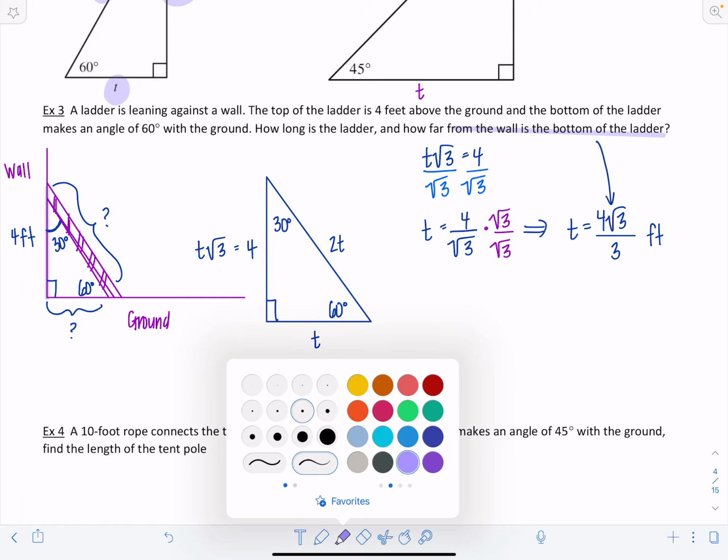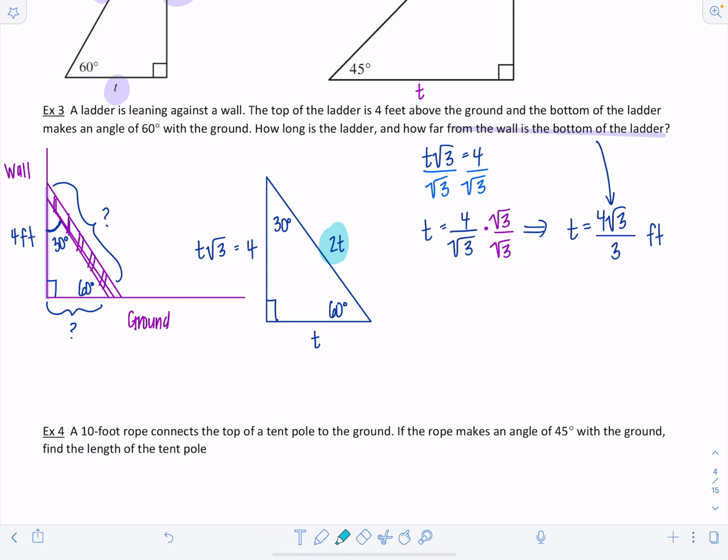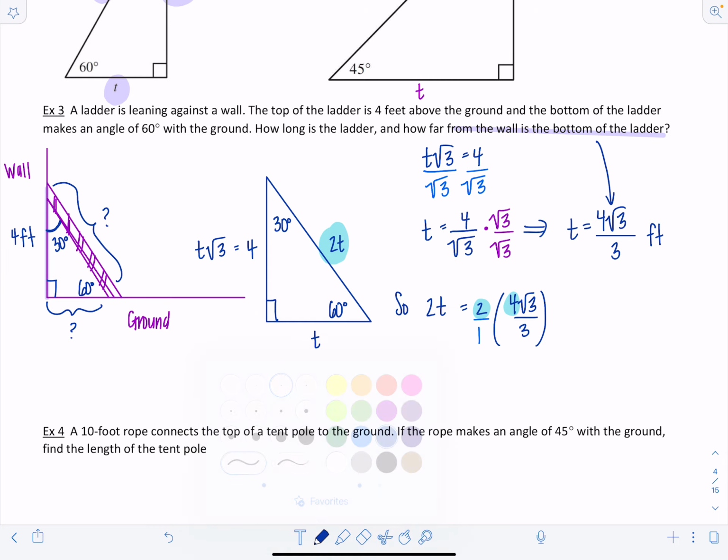The ladder's length is equal to 2 times T. So 2 times T is going to be 2 times 4 rad 3 over 3. Now you can think of this as 2 over 1. 2 and 4 are not underneath the radical, so they're going to get multiplied by each other.